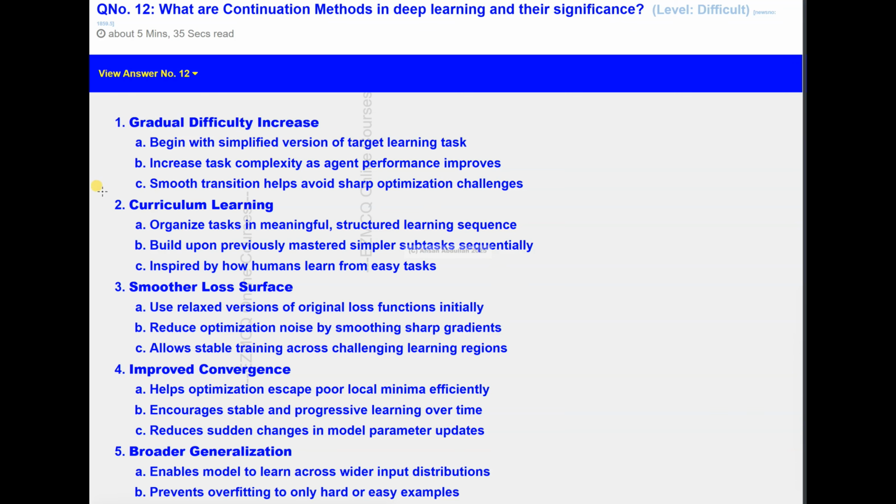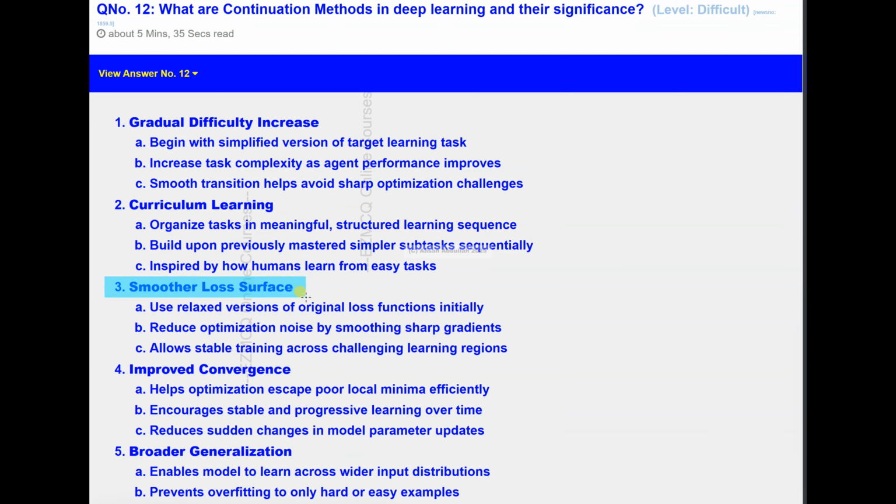Then curriculum learning arranges the tasks in a logical sequence. Like we have simpler courses, 100 level courses, 200 level courses, 300 level courses, and so on. That allows the model to learn complex behavior step by step, and it increases the reliability and the performance. That is the benefit.